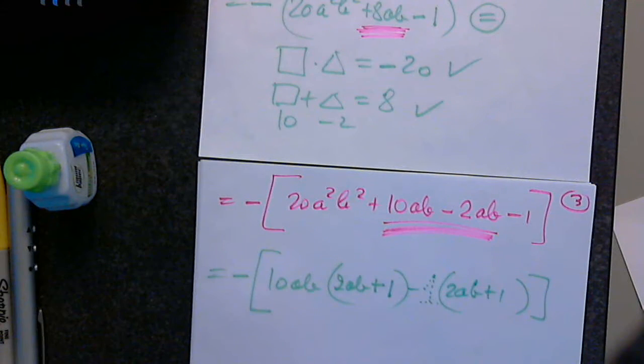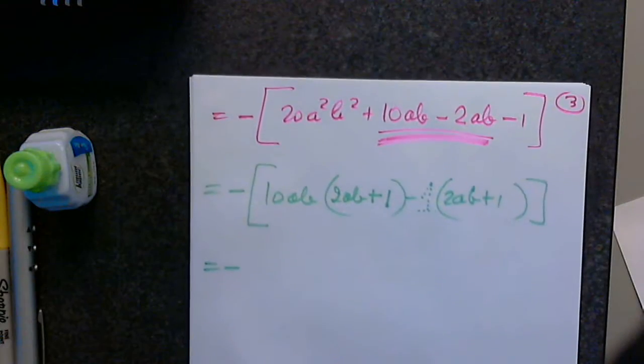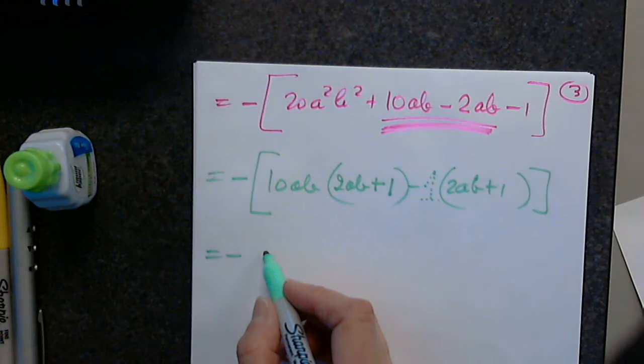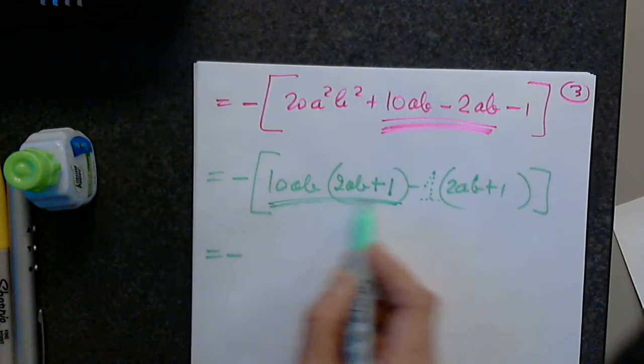Indeed, negative 1 times 2ab is negative 2ab. Negative 1 times 1 is negative 1. So now the negative stays outside this negative. What is the common factor now that gets pulled out? 10ab? That's not the common factor. The common factor present in these 2.